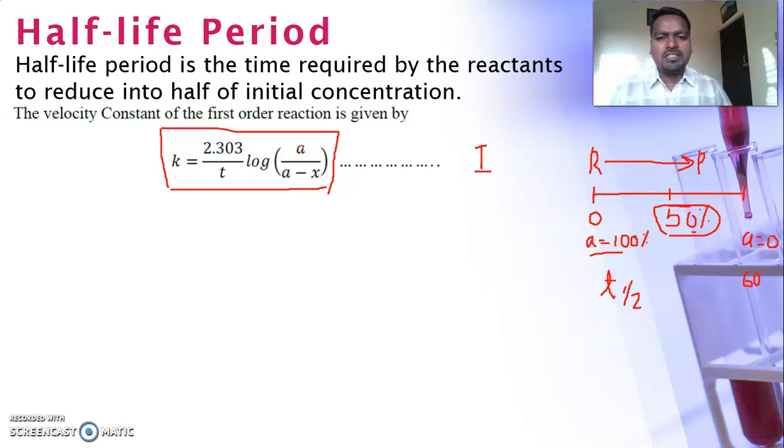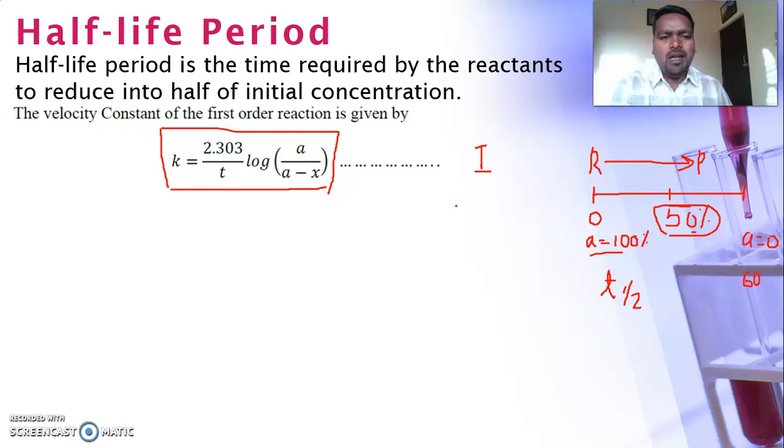You know the terms present in this equation: t is time, k is rate constant, a is the initial concentration, and a minus x is the amount of reactant remaining at time t. x is the amount of reactant which has reacted, and a minus x is the amount remaining at time t.